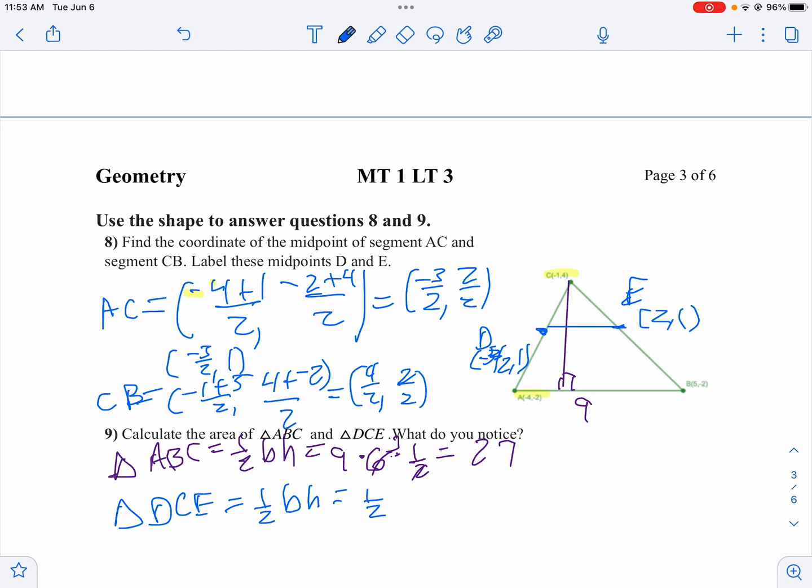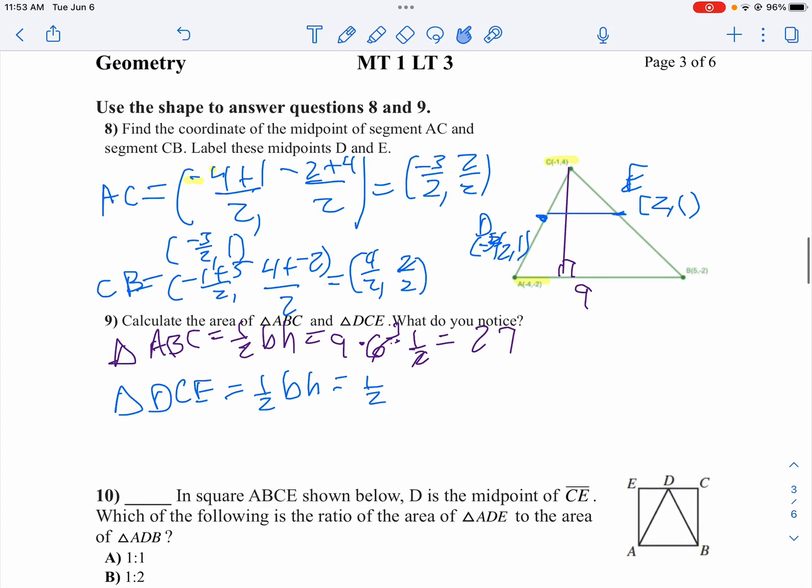So that's 3.5 then, isn't it? I better show that work. To find my distance, I'm going to go 2 minus a -3 halves. Well, that's 2 plus 3 halves, so that's 2 plus 1.5, which is 3.5. But we don't like mixed numbers, so I'm going to say that's 7 over 2.